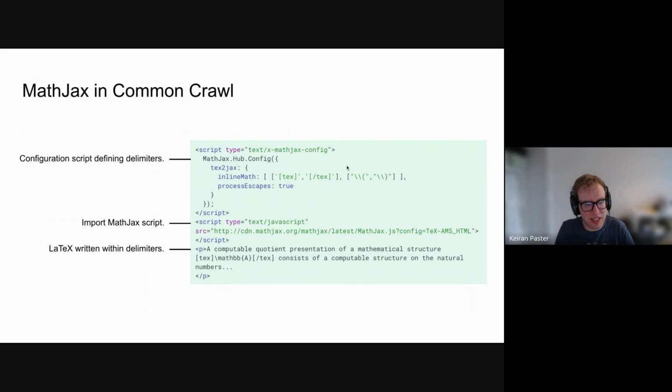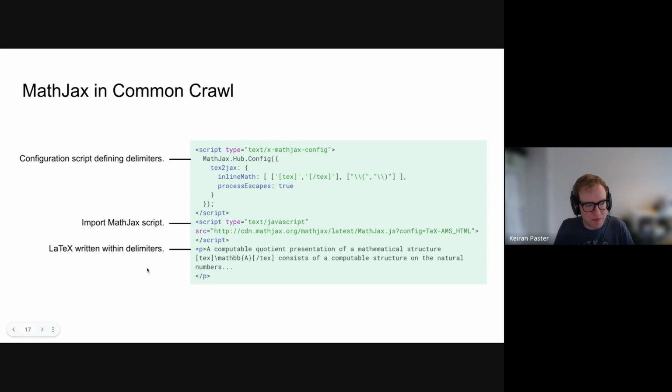This will contain the delimiters that the page wants to use to represent LaTeX. Then somewhere else, you'll import the script for MathJax. And then within the text of the page, you'll just write the delimiters and write your LaTeX inside.